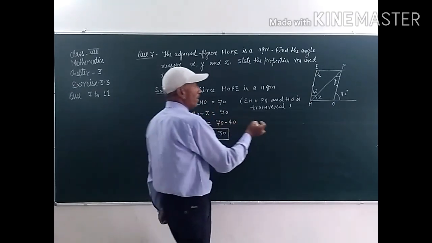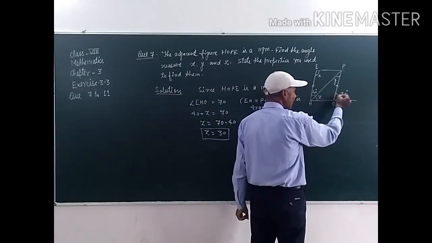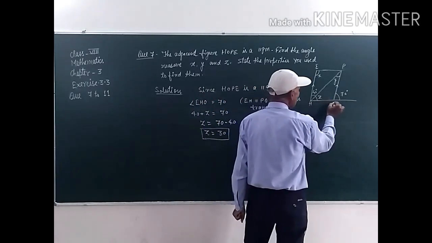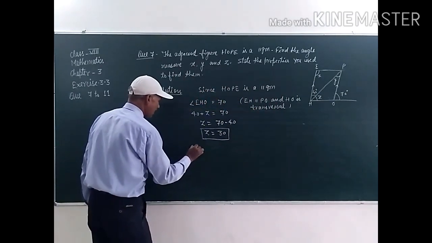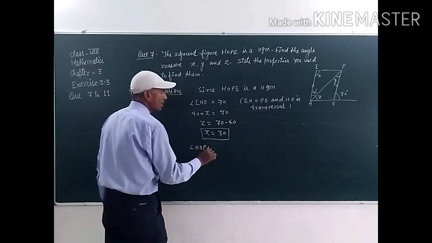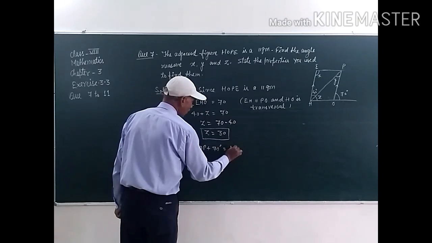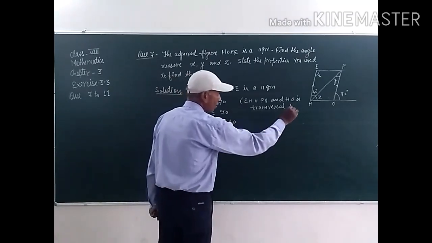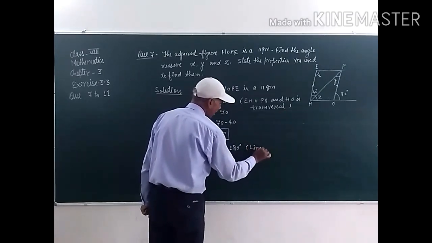And now student, this angle and this angle are a linear pair, means angle HOP plus 70 degree is equal to 180 degree. Because of linear pair, both angles are on a line and they are called a linear pair.